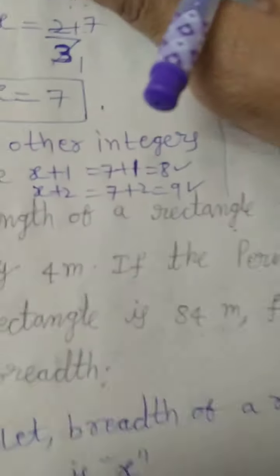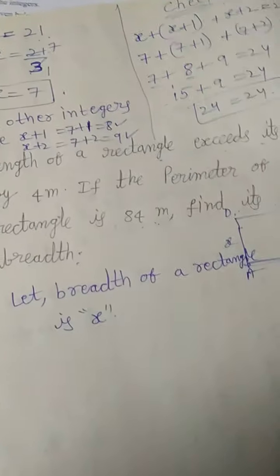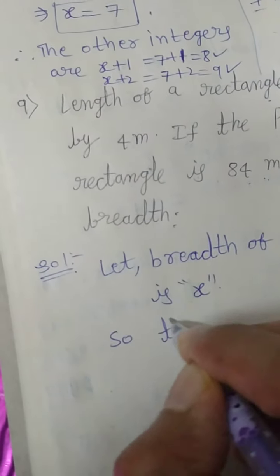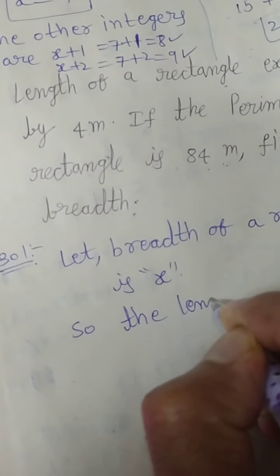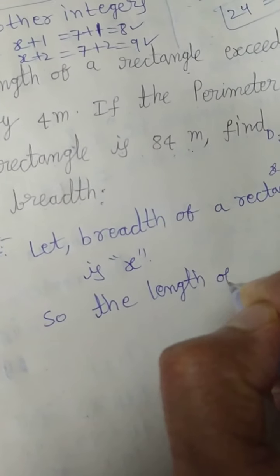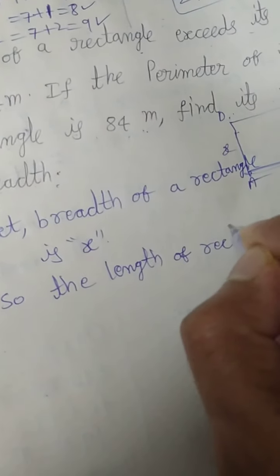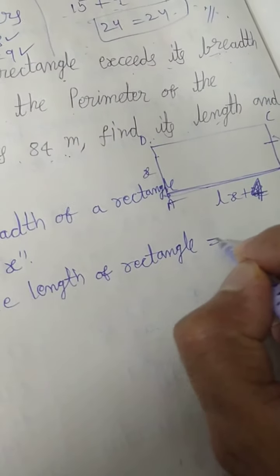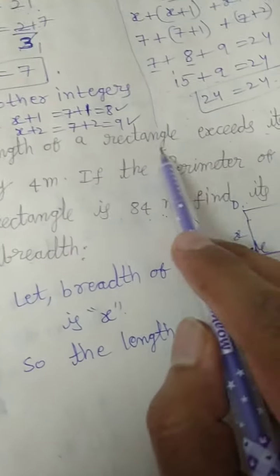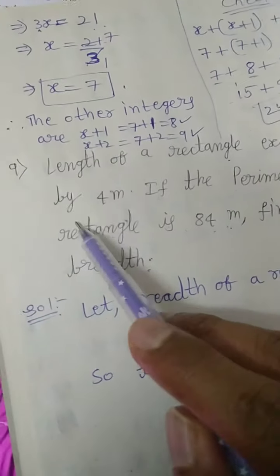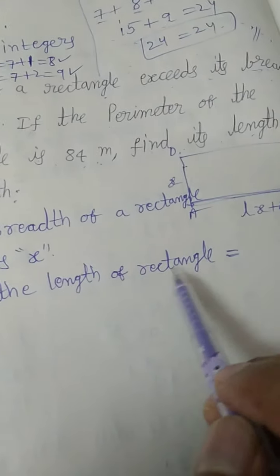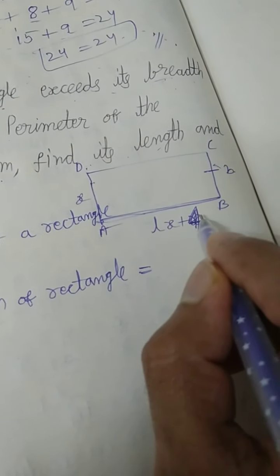So if we assume it as x, what will happen? What will be the length of the rectangle, children? The length of a rectangle is exceeding its breadth by 4 meters. So if the breadth is x meters, the length of the rectangle is exceeding by 4 meters.